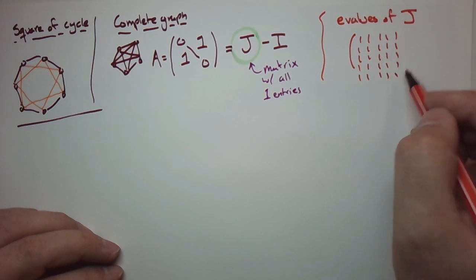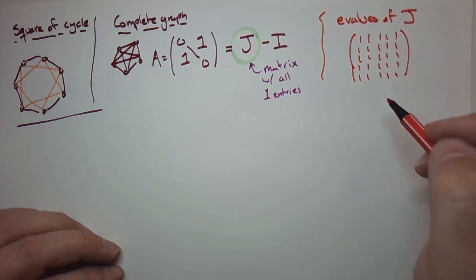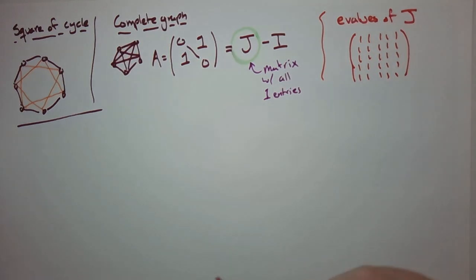What are some things that we can say about it? Rank 1. Okay. Good. Why do we know it has rank 1? Because all the rows are the same. Yes. And of course, that row is a non-zero row.